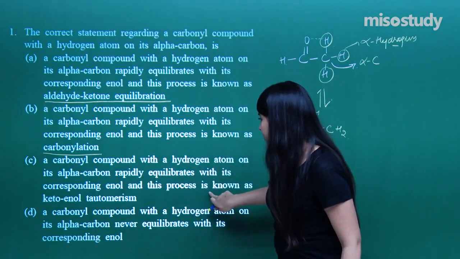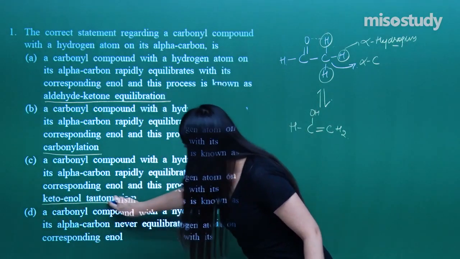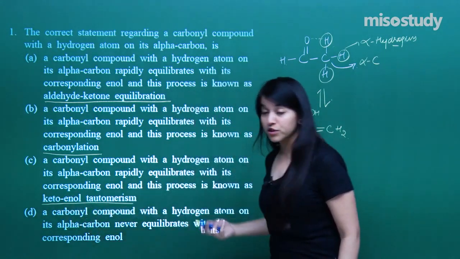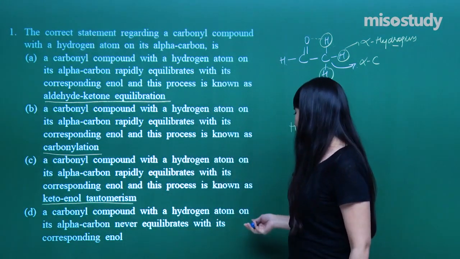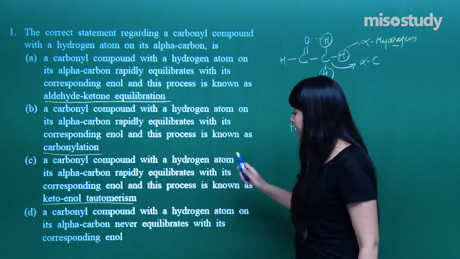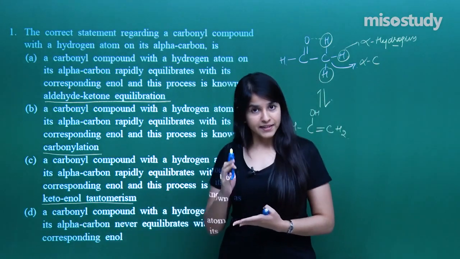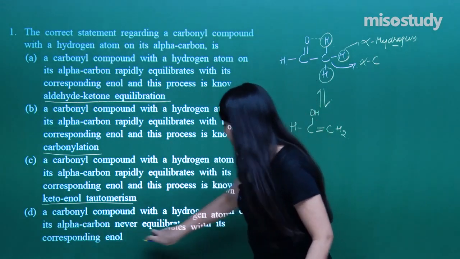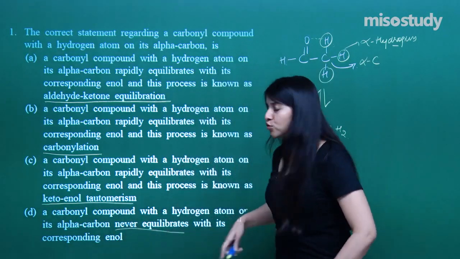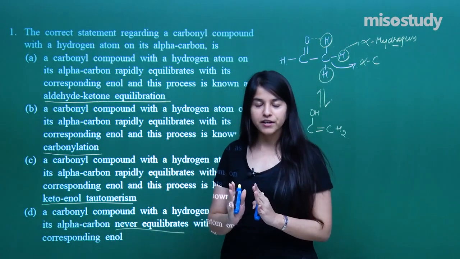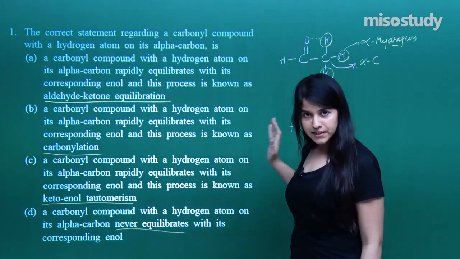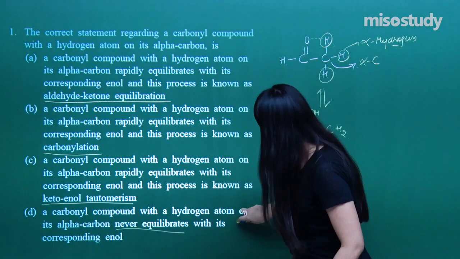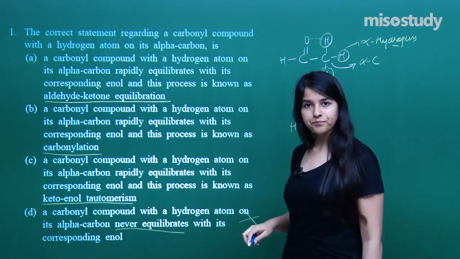Is it keto-enol tautomerism, or a carbonyl compound with a hydrogen atom on its alpha carbon never equilibrates? That can be an option. We all know that it will definitely equilibrate, as we have seen over here. So we eliminate this very possibility.